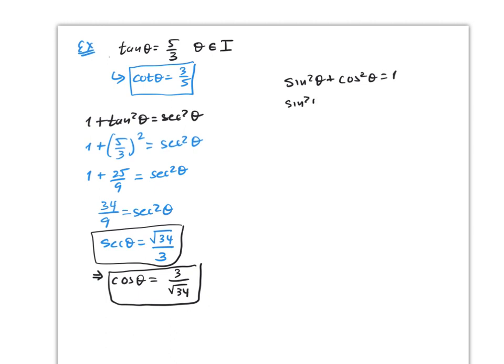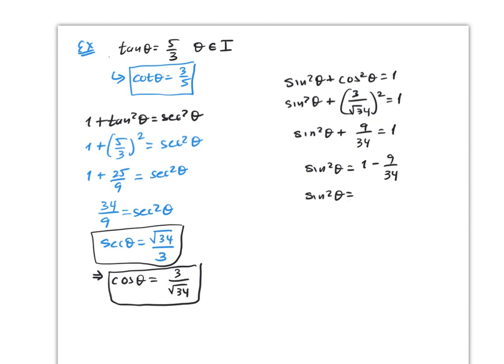So therefore we have sine squared theta plus 3 over radical 34, squared, which is 9, so sine squared theta plus 9 over 34 is equal to 1, or sine squared theta will be 1 minus 9 over 34. And then you find the LCD is 34, so 34 minus 9 is 25.